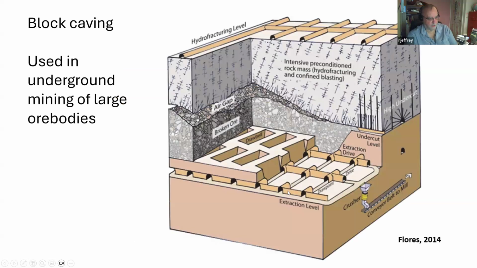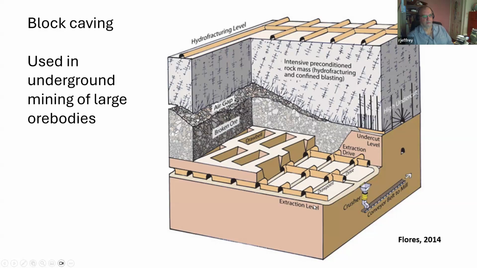Now moving to hard rock mining, preconditioning and cave inducement has been used in block caving and sublevel caving as a way to weaken the ore body and ensure that caving occurs as designed. Briefly, I'll just go through how block caving works.